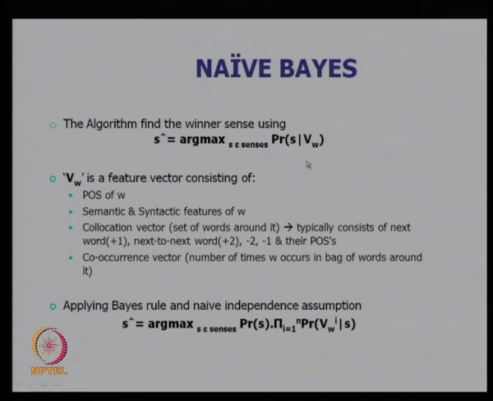The winner sense is obtained by computing the probability of the sense given the target word's features. V_w is the target word's feature vector, and we do it for all possible senses, and the sense which has the best argmax score becomes the winner sense. The feature vector consists of part of speech, semantic and syntactic features, co-location vector, co-occurrence vector, etc. So, we will discuss this algorithm and see how a sense marked corpus can be used for sense disambiguation.